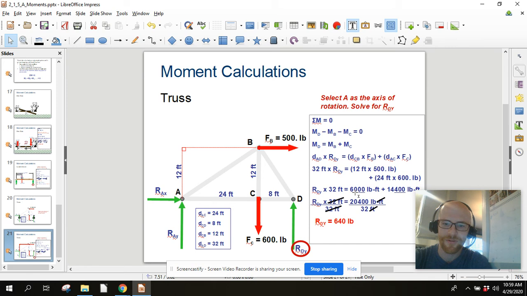When we add those up, the 6,000 plus the 14,400, we're left with 20,400. And then we have 20,400 is equal to the reaction at D times 32. So just algebra, we divide each side by 32, and we're left with the reaction at D being 640 pounds.